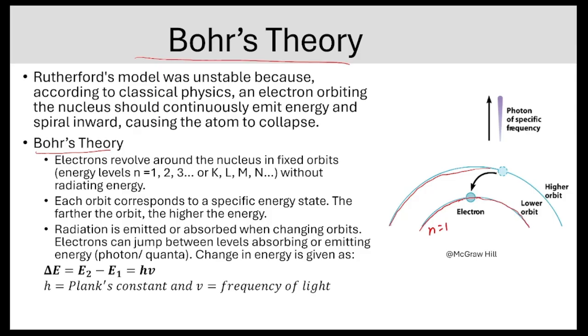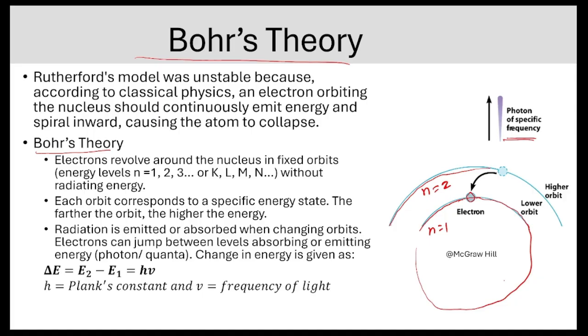So this is energy level 1, energy level 2, and so on. If this electron is moving within the same energy level, it will not emit or absorb any energy. However, if this electron was to jump from one level to another level, it will either absorb energy or emit energy.